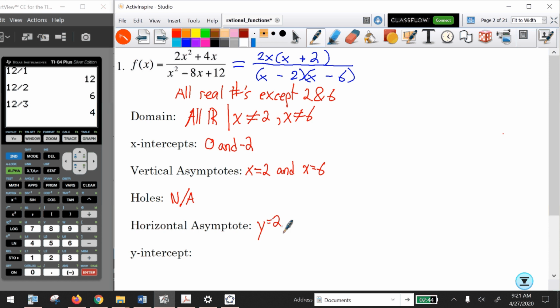The y-intercept is where the line crosses the y-axis, and that occurs when x is equal to 0. So to determine the y-intercept, we're just going to take our function and replace x with 0, and that'll give us where the function crosses the y-axis. Plug in 0 here.